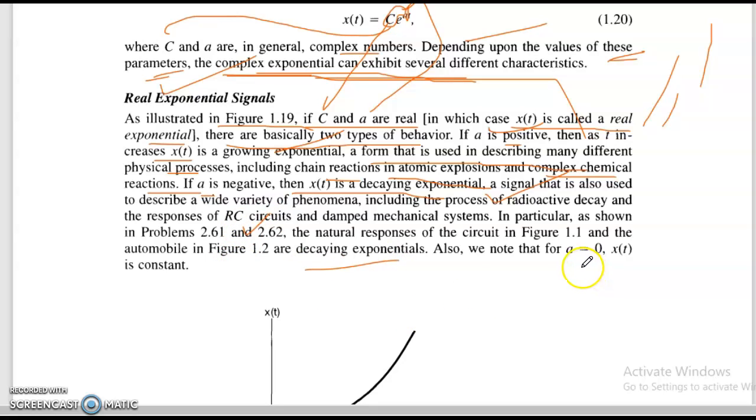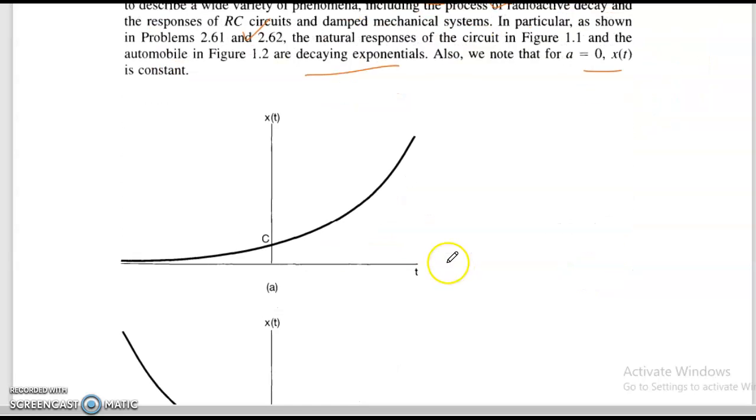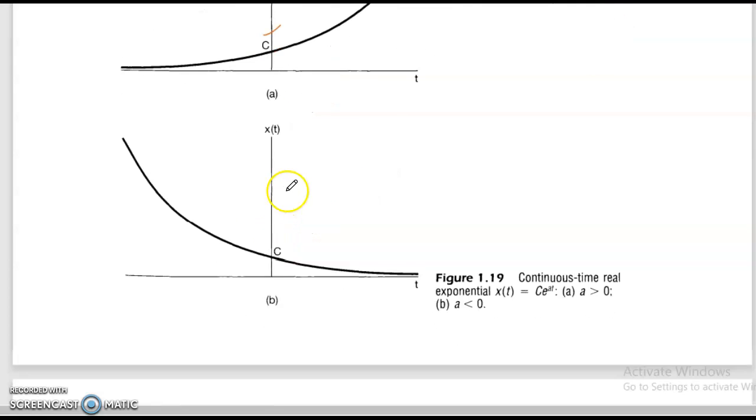Also, we know that for a equal to 0, x(t) is constant. The continuous-time real exponential is x(t) = C e^(at), where C and a are real.